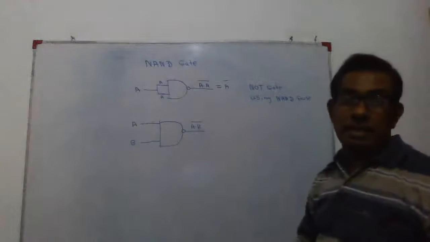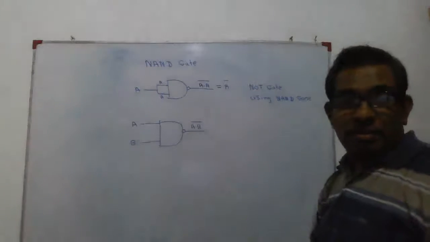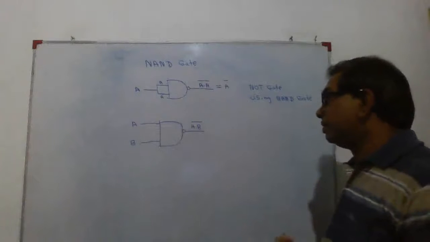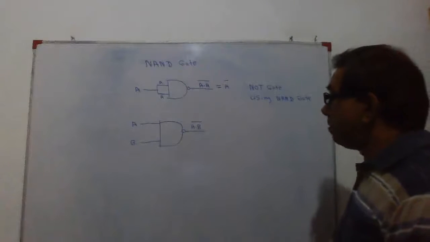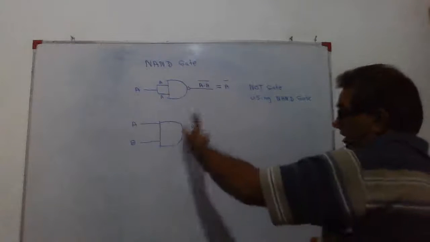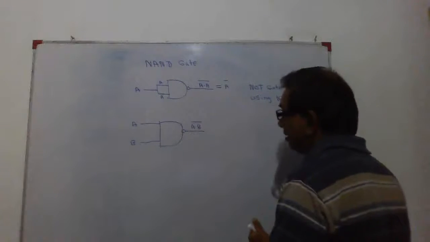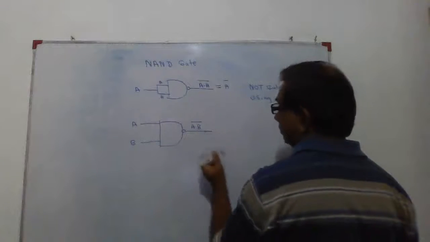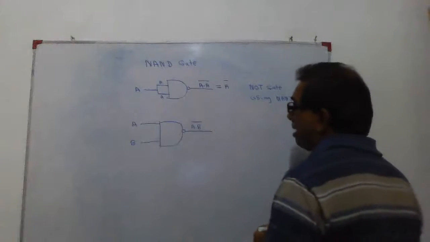The first NAND gate. Then as you have entered these two values, you have taken A and B bar. In order to create AND gate, you need another NAND gate.